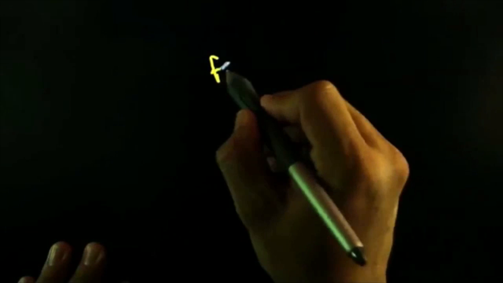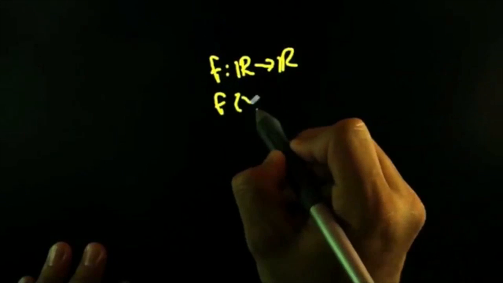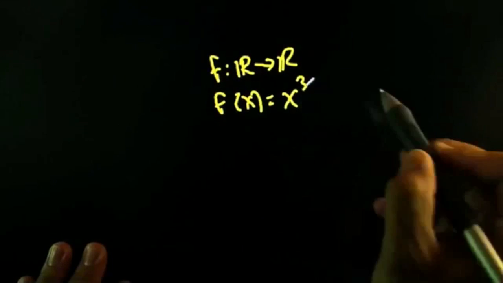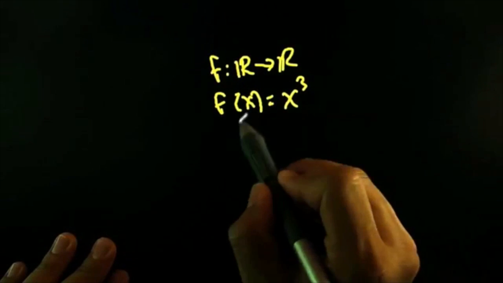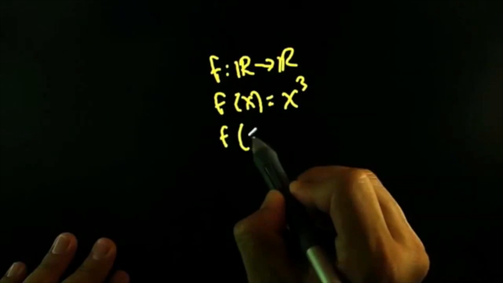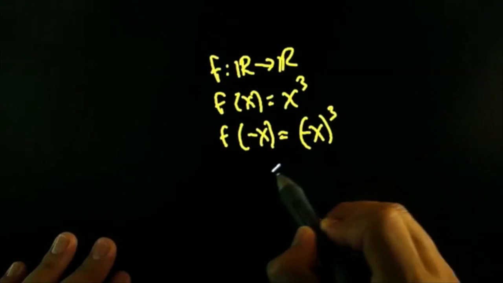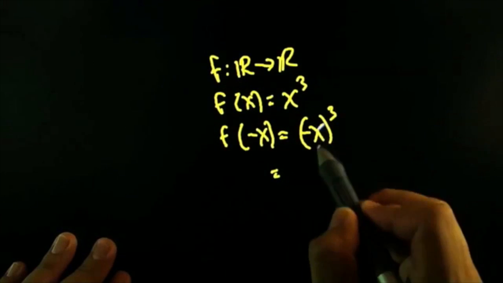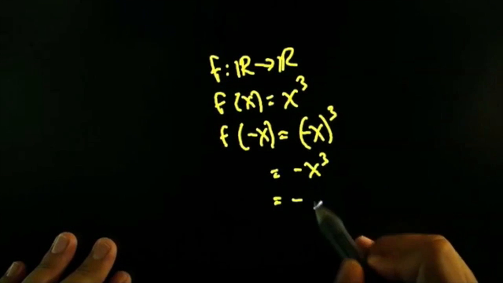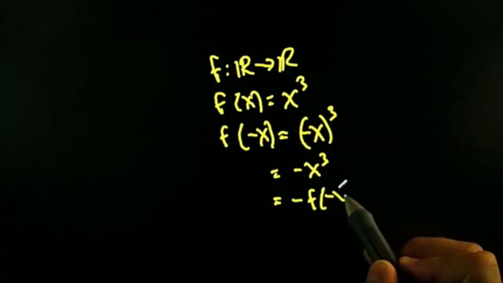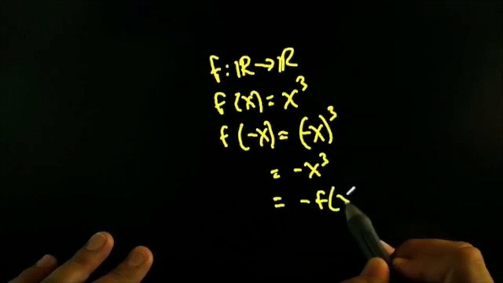Here's an example of an odd function. f going from the reals to the reals, defined by f of x is equal to x to the third. Now, why should that be odd? Well, f of x is equal to x to the third. What about f of negative x? That would be negative x to the third power, which is negative x times negative x times negative x, which would be negative x to the third, and that is negative f of x.